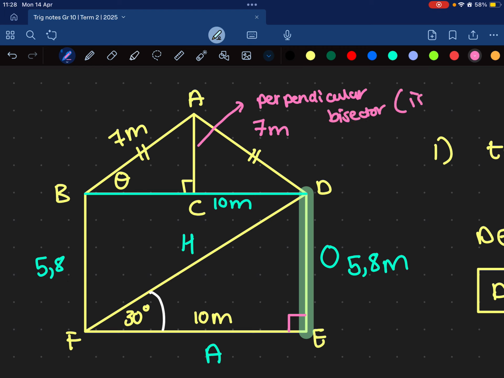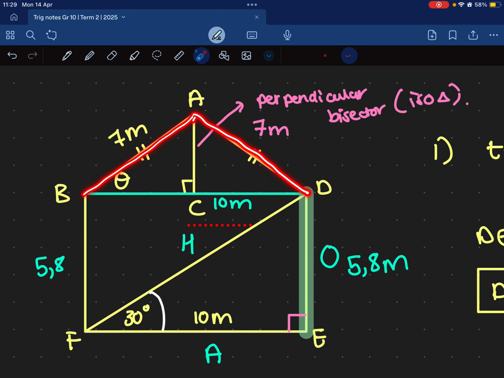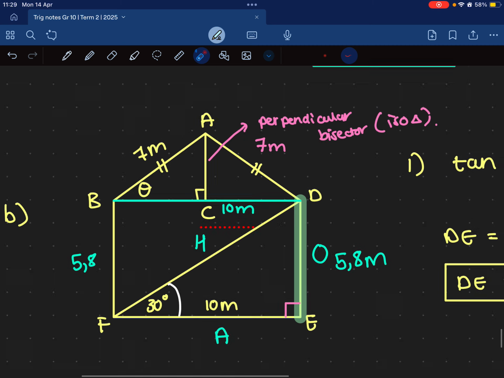And it's because of the isosceles triangle. So because this is equal to that, the perpendicular height is going to be in the center of the base for this larger triangle. That's just a theory that we would have learned last year when we did geometry.